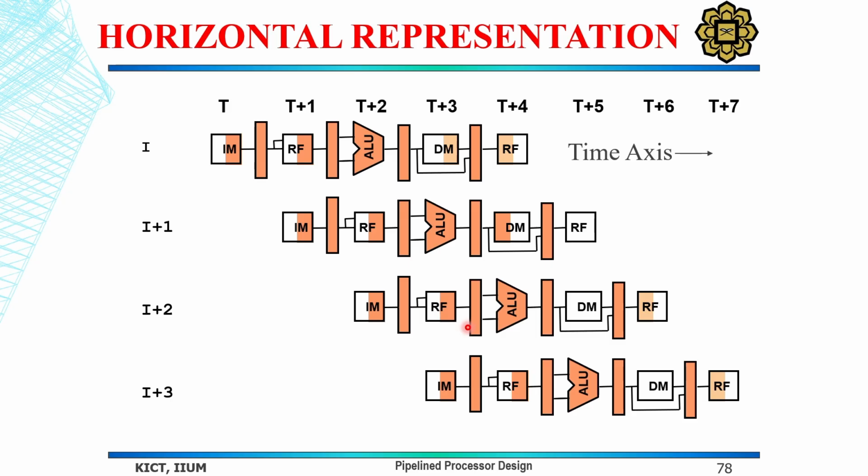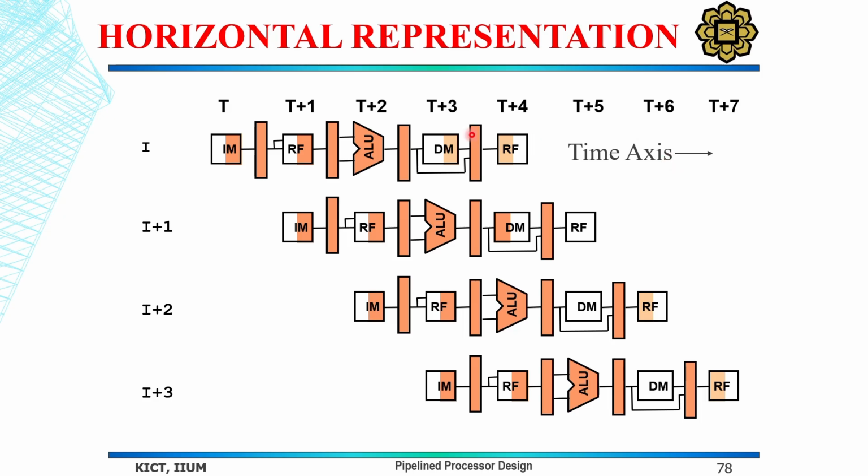So you remember the horizontal presentation? We have our instructions on the vertical axis, okay, and we have time on the x-axis. T represents the clock cycles, so this is the first cycle, second cycle, and so on.